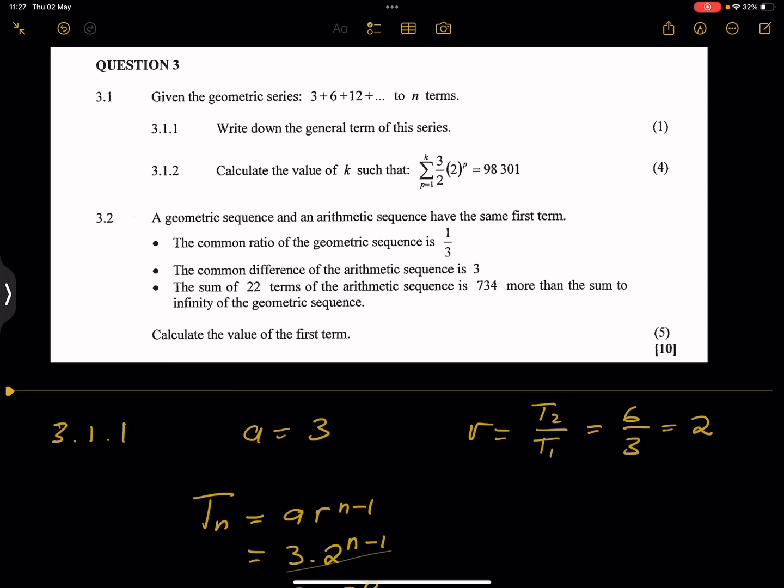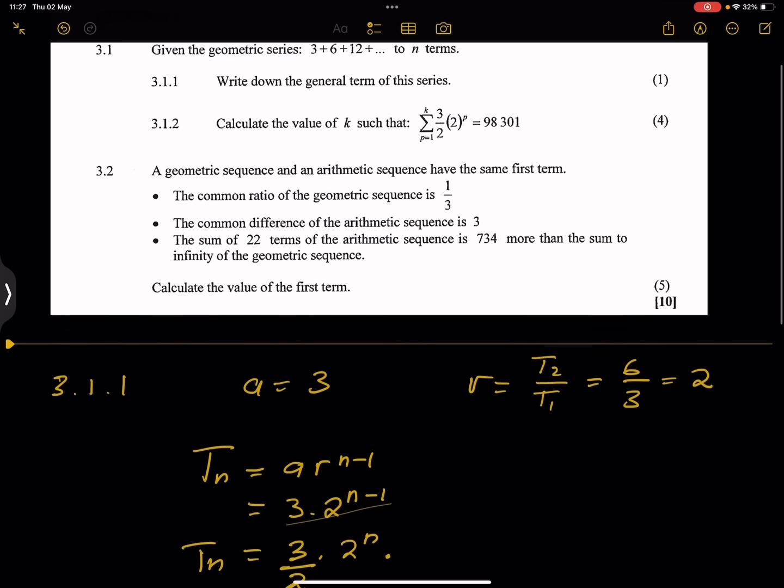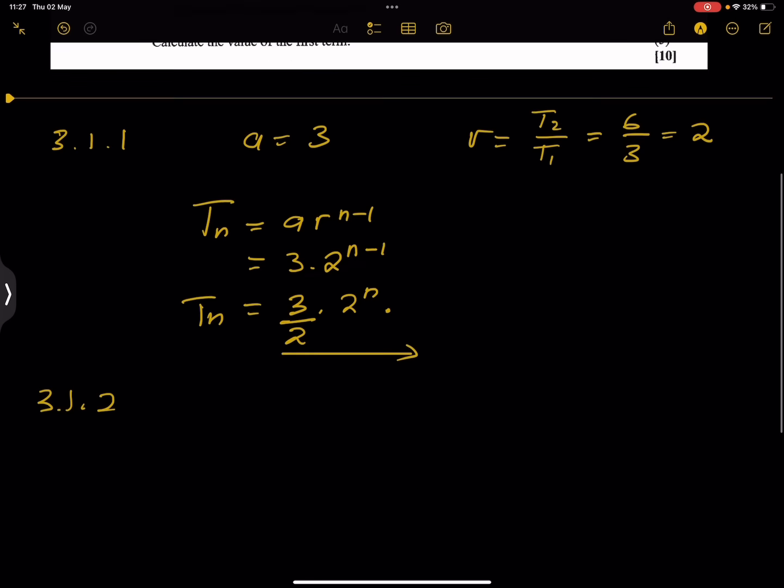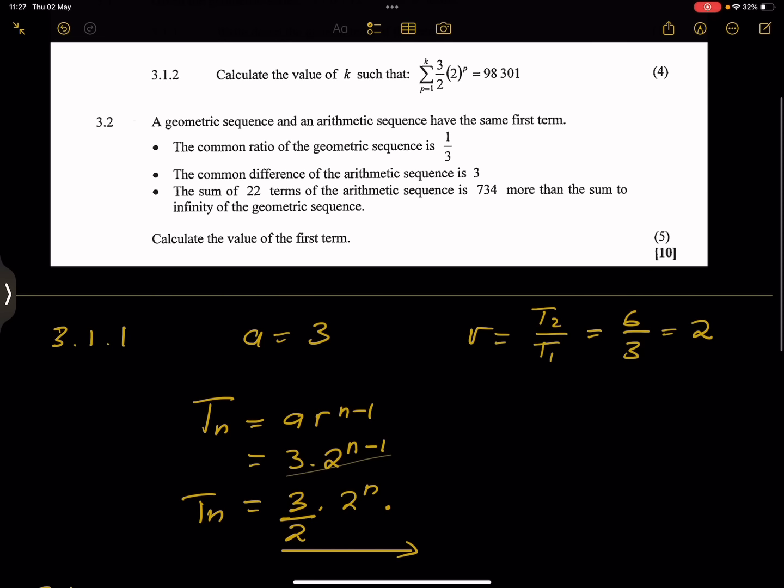All right, so we've got the sum of the nth term, or the sum of k terms in this case. So I want you to please note, do you see that what we've got there actually looks exactly like what we have here?